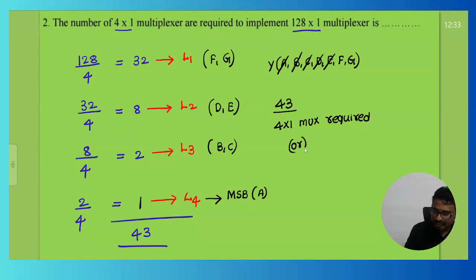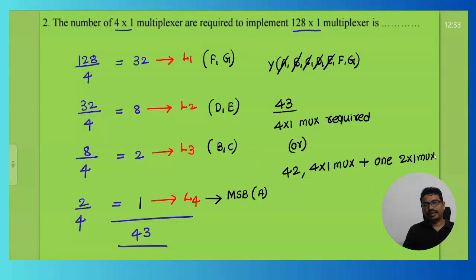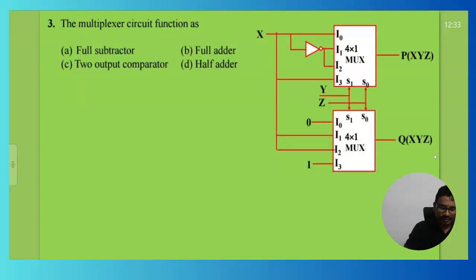Or what else can we say here? 42 4x1 mux plus 1 2x1 mux required. Okay, these are the requirements. So according to the options, we can choose the answer. Next one.